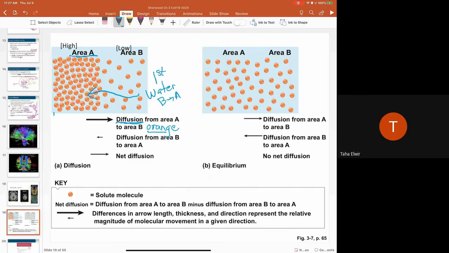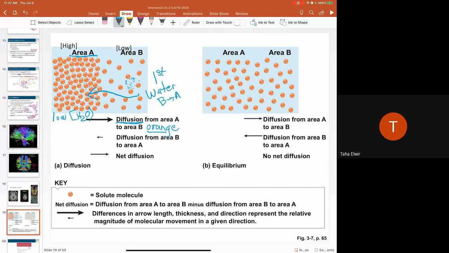Water's low in concentration here because there's particles in the way. So water is only very limited in its concentration because all these orange particles are in the way. Water is much higher concentration here because there's fewer orange particles. So water moves down its concentration from B to A.